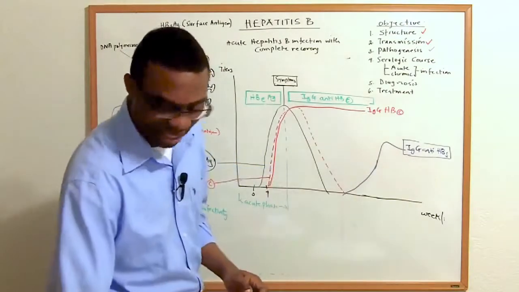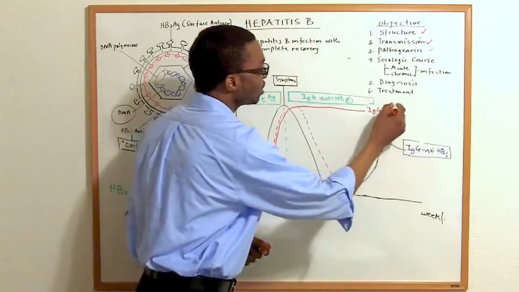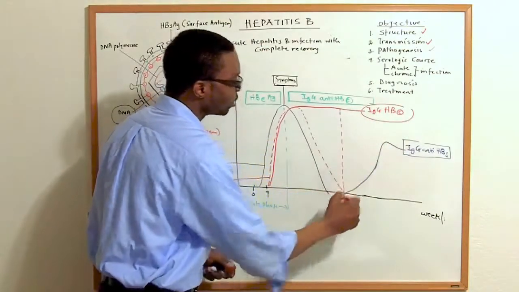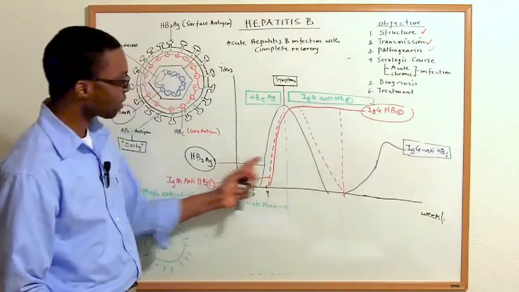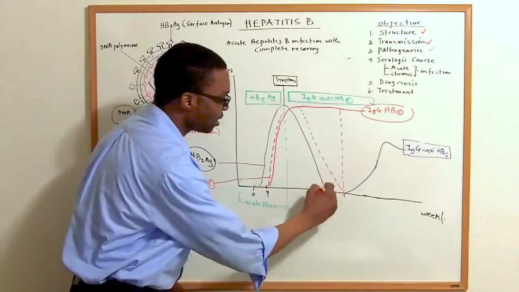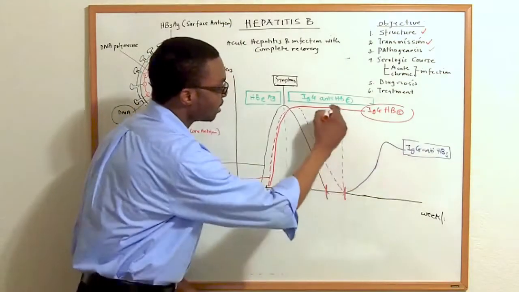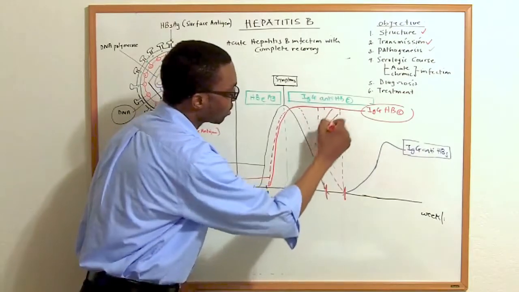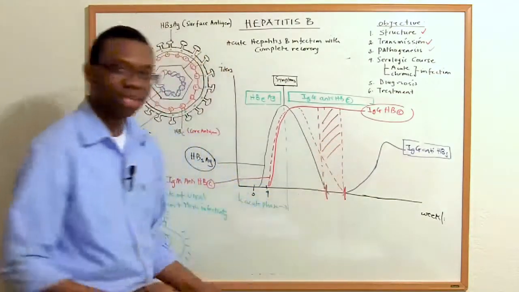They're going to be making antibodies to the core antigen, because as you can see here, the only thing you'll be able to detect between when the surface antigen is being cleared and making of this antibody right here is the core. There we go. See how that makes sense?